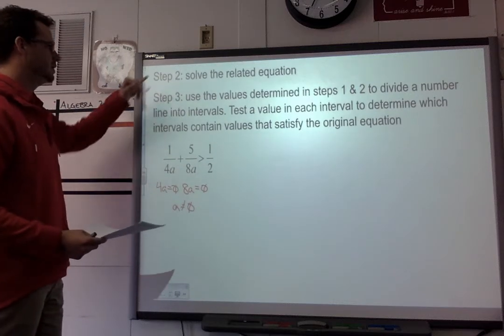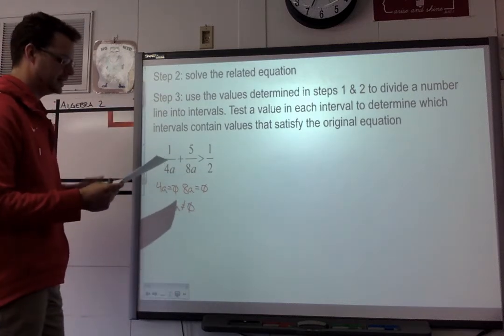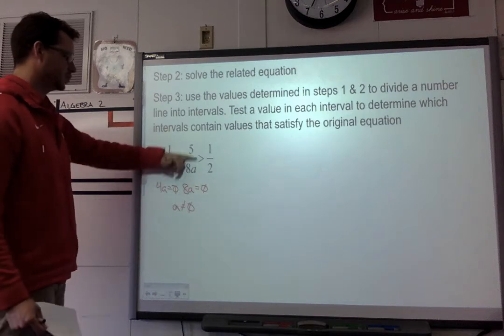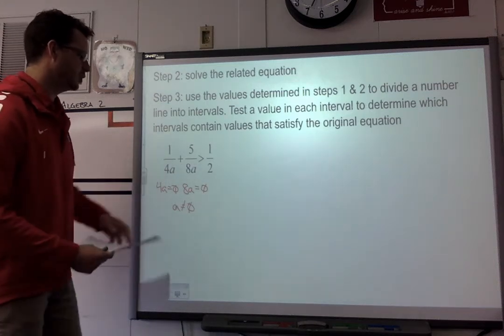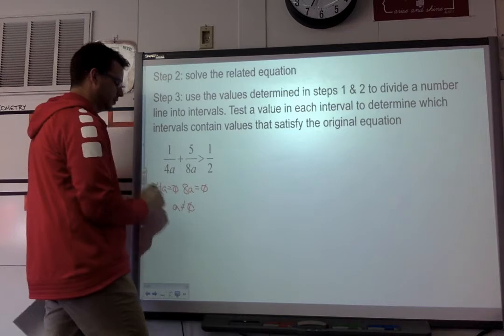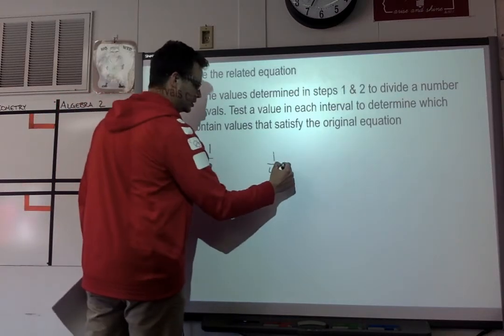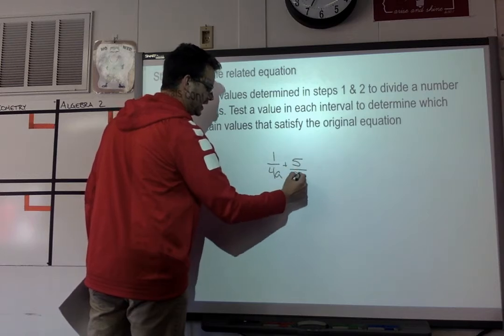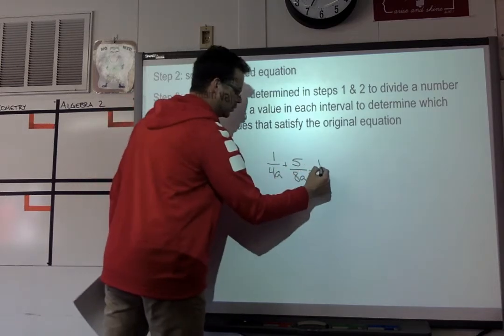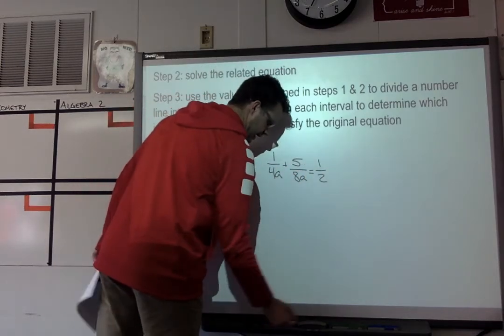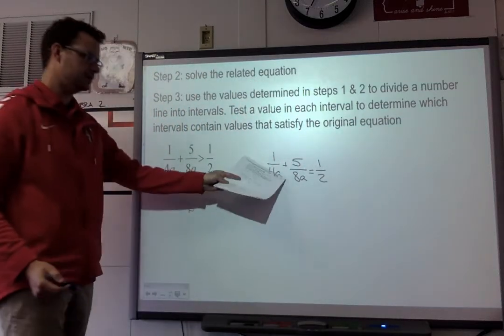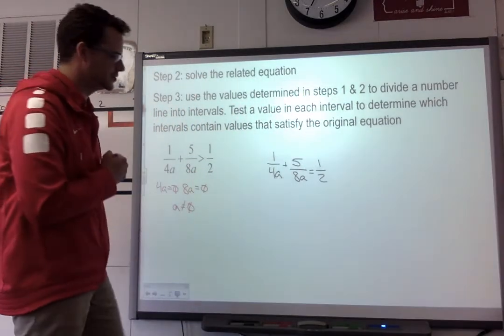Next, solve the related equation. What that means is we're going to take this inequality and rewrite it with an equals sign. So 1 over 4a plus 5 over 8a is equal to 1 over 2. Now we want to solve this. We've already done this on the last few slides.